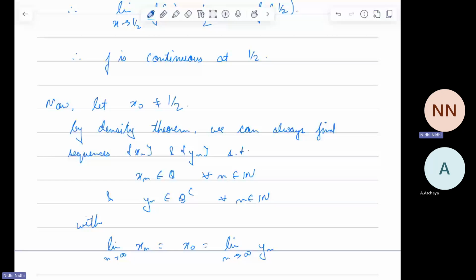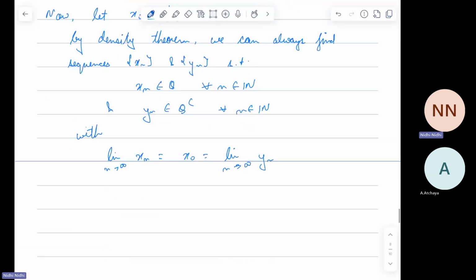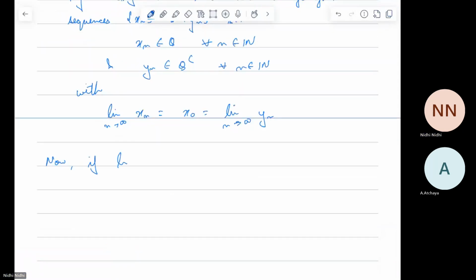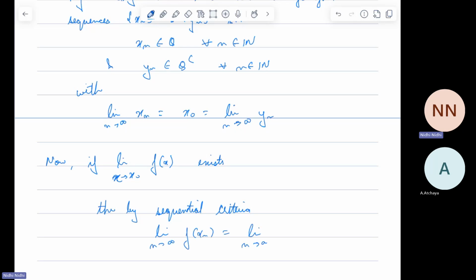Now if limit x tending to x naught f(x) exists, then by sequential criteria limit n tending to infinity f(xn) should be equal to limit n tending to infinity f(yn).